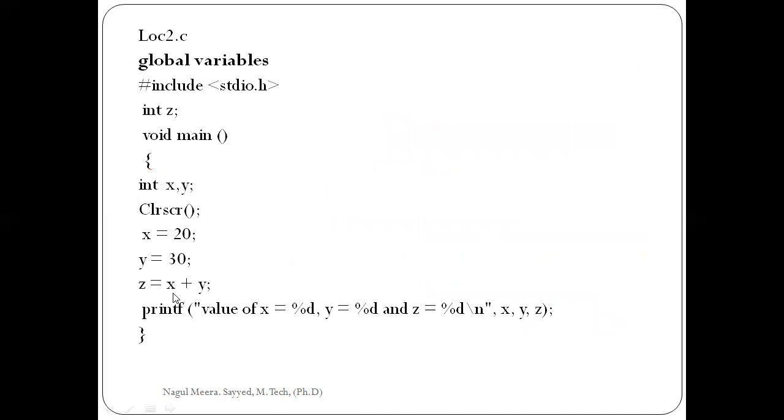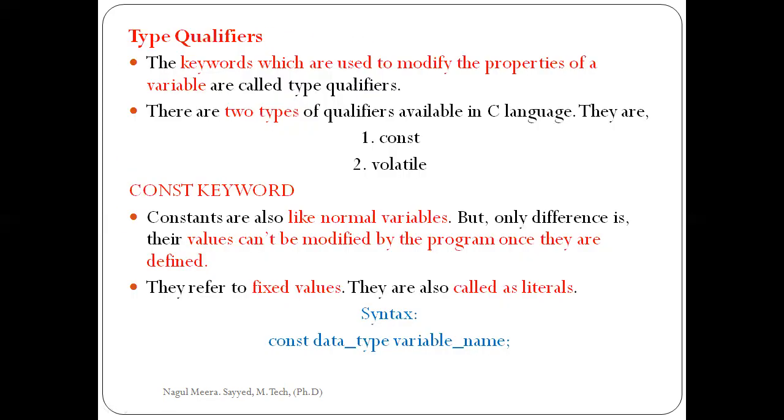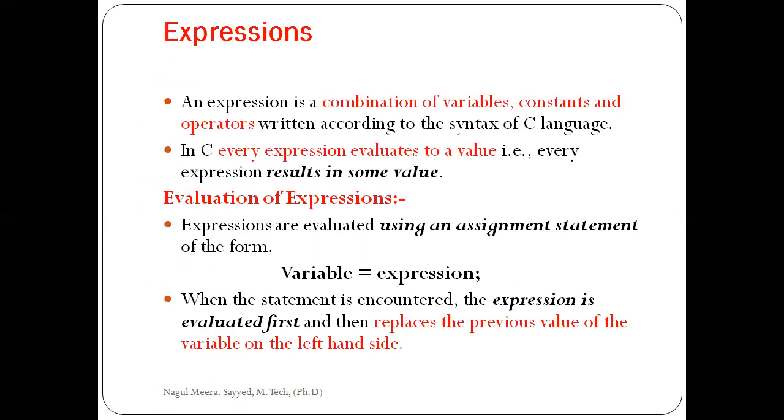This is my expression. First this operation is performed, and then the result is generated, and then this result is assigned to this left side variable. That is the meaning of this. In this way, every expression is evaluated.